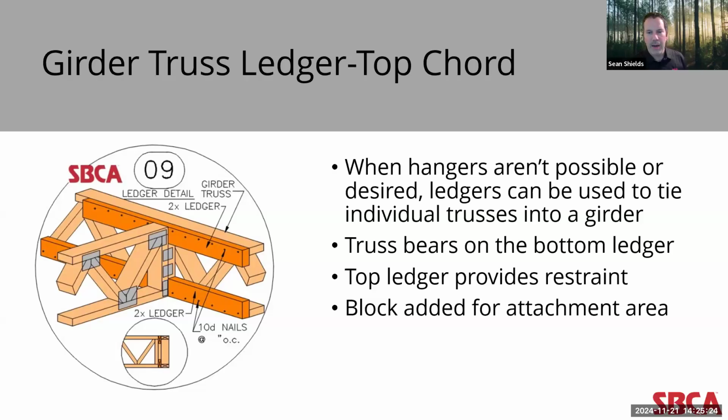In this detail, the bottom chord truss bears on the bottom ledger. The top ledger provides lateral restraint in this case. You'll also notice that there is blocking attached to the end of the truss that fits between the top and bottom ledgers. This is typically done to provide adequate attachment area between the truss and the ledgers.